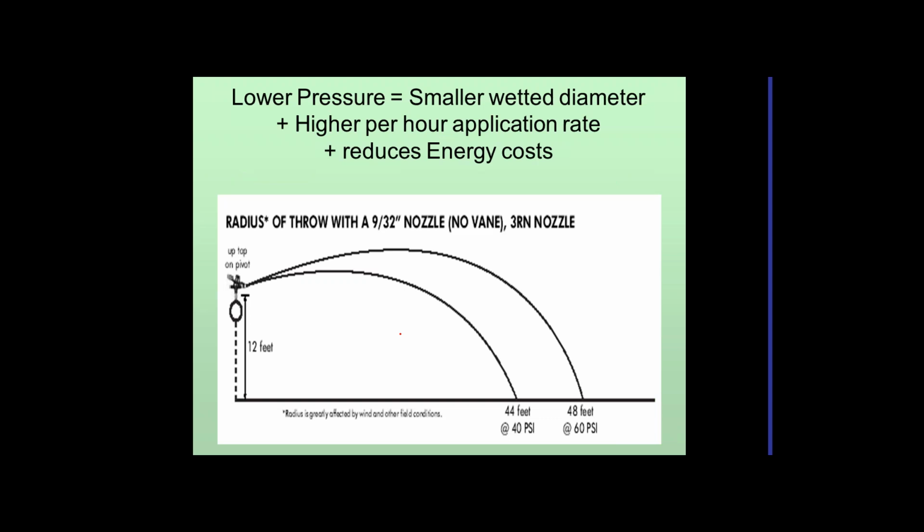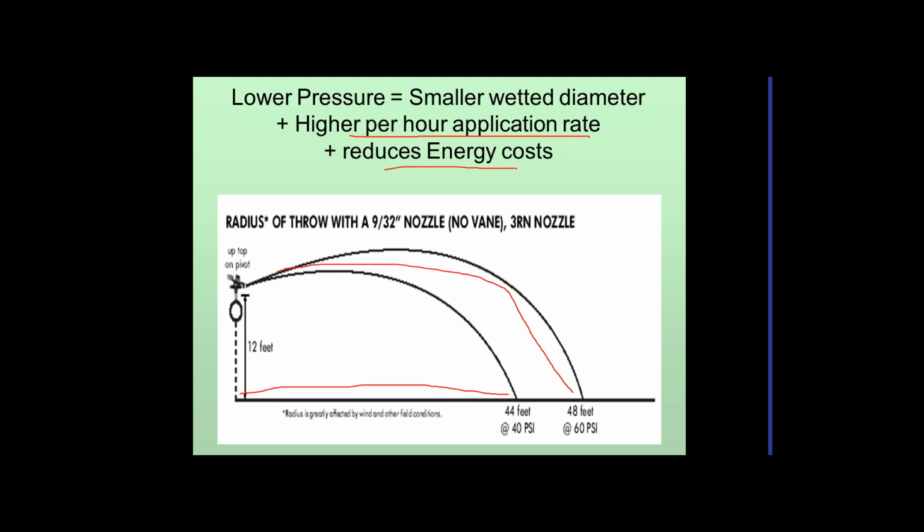Here's an example picture, just trying to illustrate the fact that higher pressure throws the water further. If I lower the pressure, we're getting the same amount of water out of this. If this nozzle is putting out 100 gallons a minute, it's the same amount, but if I cover less area, I'm going to have a higher application rate on a per hour basis, but because I'm at lower pressure, I've reduced my energy costs.